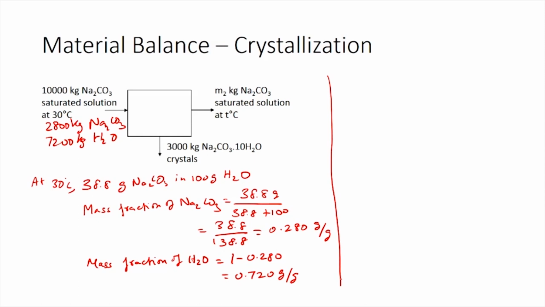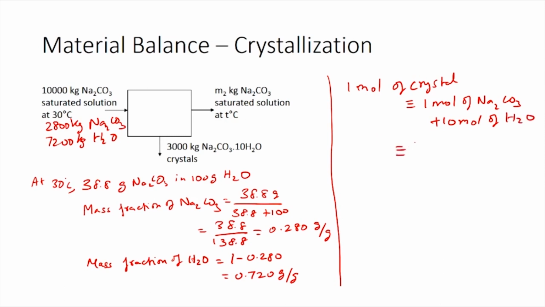So, 1 mole of crystal basically contains 1 mole of Na2CO3 and 10 moles of water, which is 106 grams of Na2CO3 and 180 grams of water.